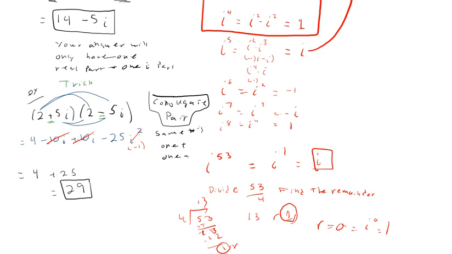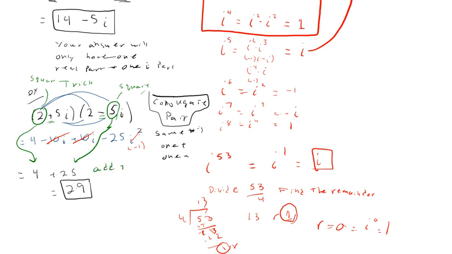Square the first number. 2 times 2 is going to be 4. Take the last number, square the last number, 5. That's going to be 25. And then add those numbers together, and that's your trick. And that's how you find the answer for a conjugate pair.